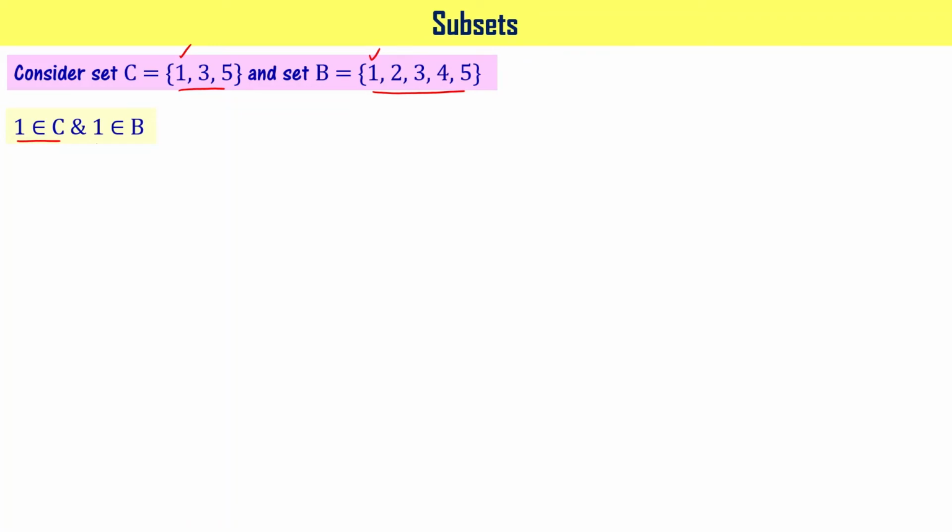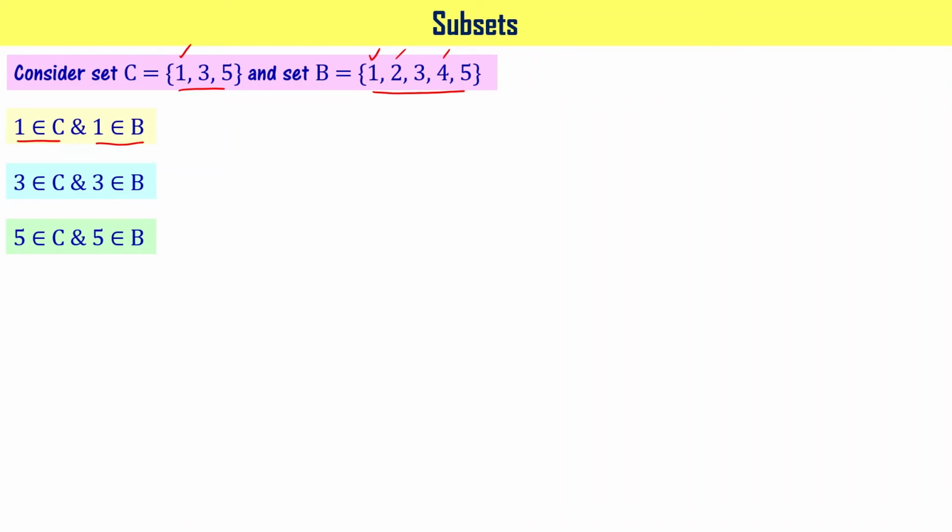That's why I write 1 belongs to C and 1 belongs to B. Similarly, 3 belongs to C and 3 belongs to B also, and 5 belongs to C and 5 belongs to B, right? 2 belongs to only B and 4 belongs to only B, right?